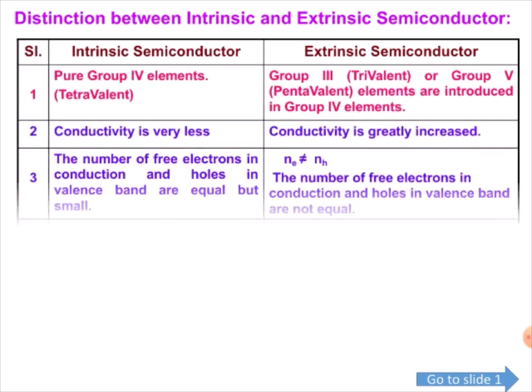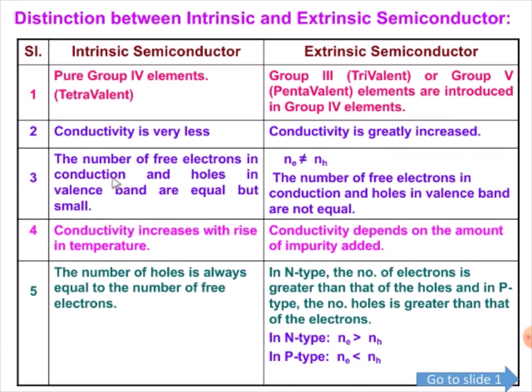Now let's see the distinction between intrinsic and extrinsic semiconductors. Intrinsic semiconductors are pure group 4 elements, that means tetravalent. Extrinsic semiconductors are those where either group 3 or group 5 elements are added to the group 4 element.